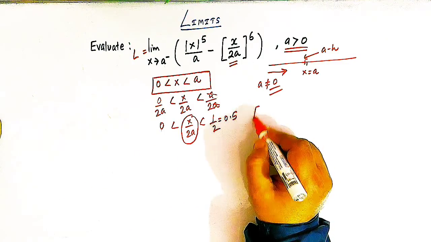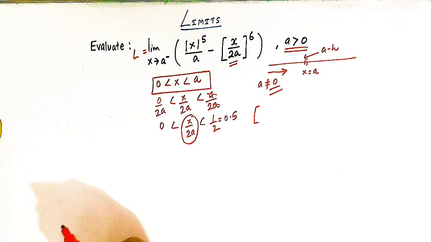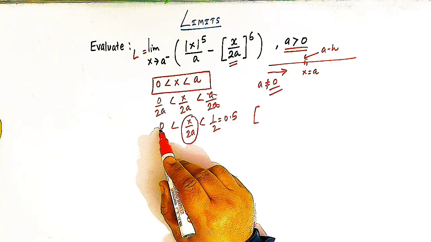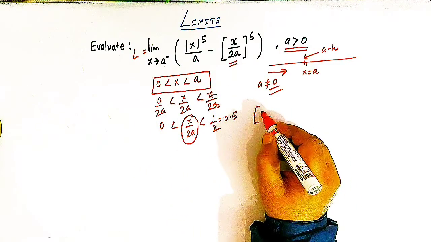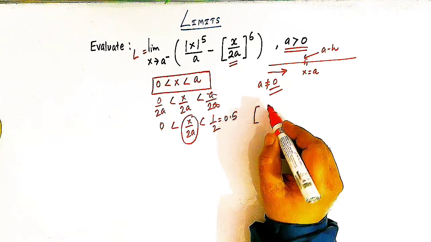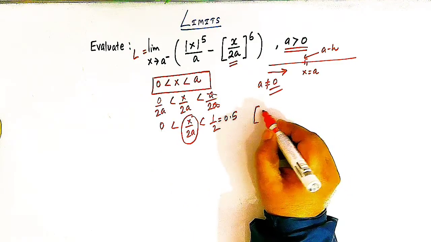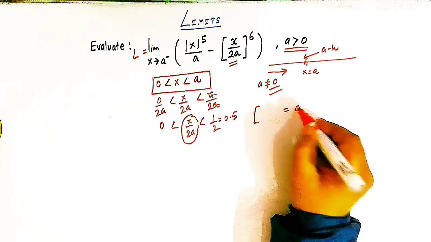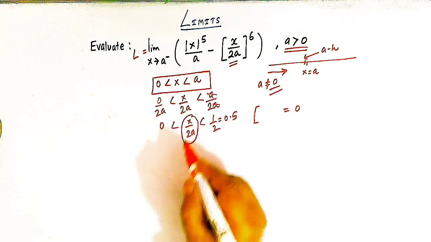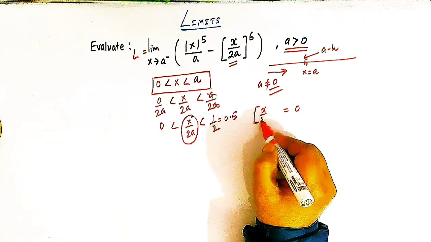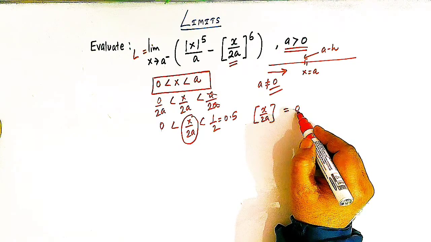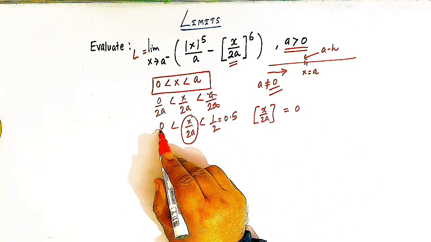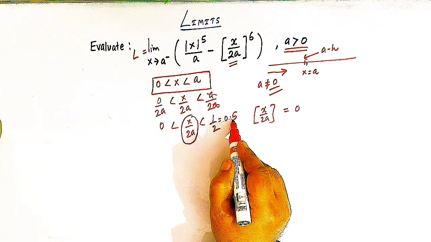By the definition of the greatest integer function, if any number lies between 0 and 0.5, then the greatest integer less than or equal to this number is 0. So the greatest integer of x over 2a is equal to 0, because it lies between 0 and 0.5.